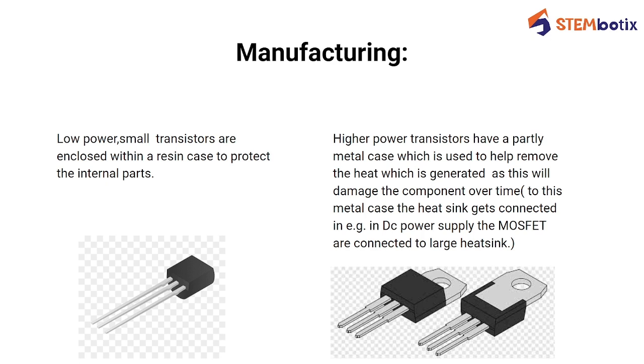So these are the two different types. In this one, there is only a resin case because they are operated at a comparatively lower voltage, and in higher voltage applications, they come with a partial metal case.